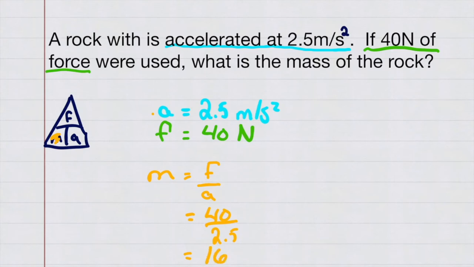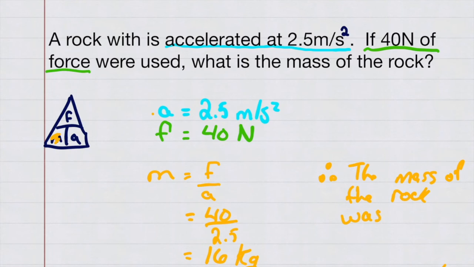And my M's are always measured in kilograms. So 16 kilograms. So I can make my concluding statement. Therefore, the mass of the rock was 16 kilograms. That's a heavy rock. So it took a lot of force to move that.